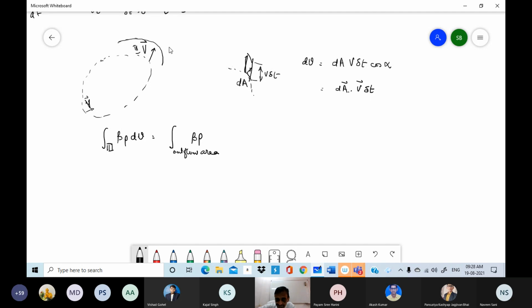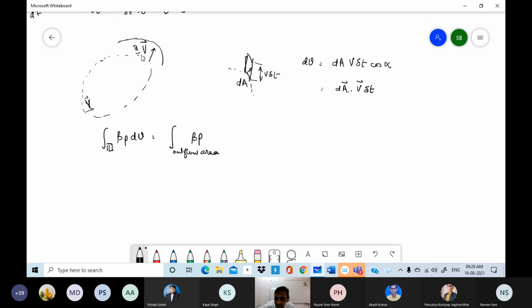So the system boundary moves with velocity v, because the system is following a certain amount of material, so it is moving with the material. So if the material has velocity v, the system boundary must be moving with velocity v.